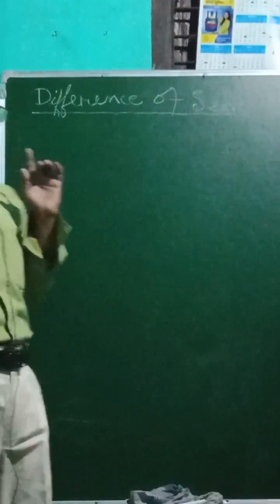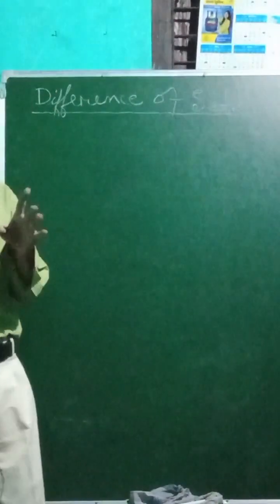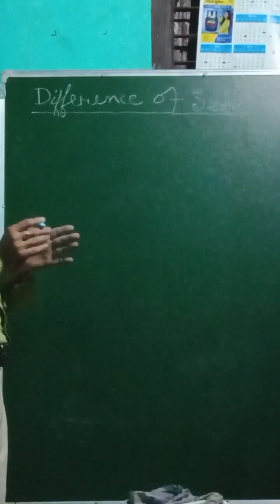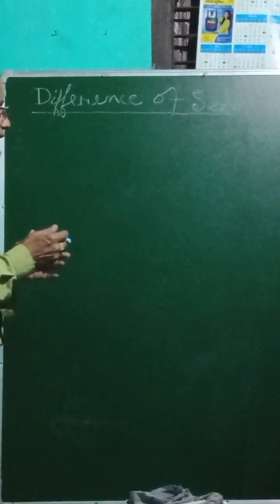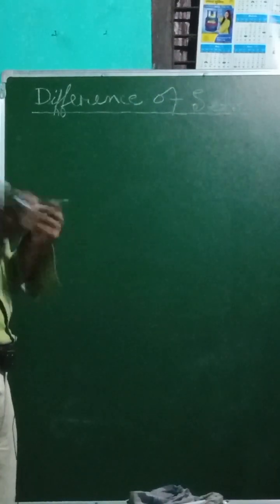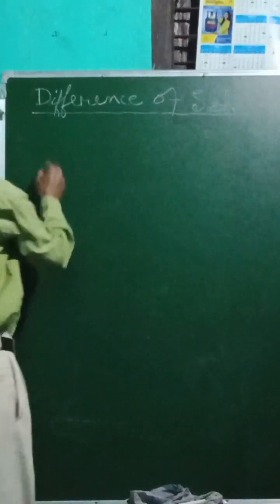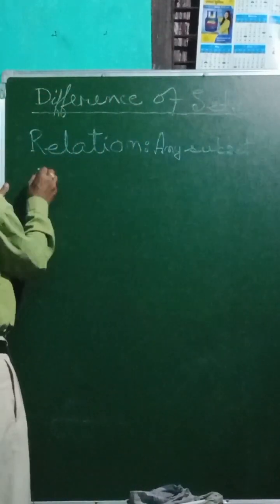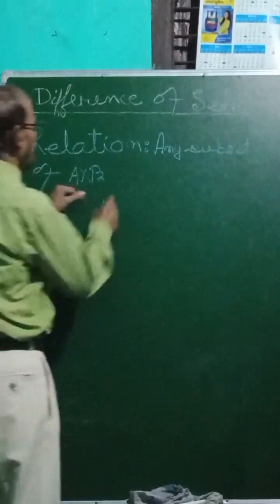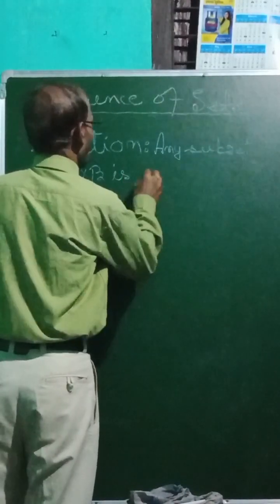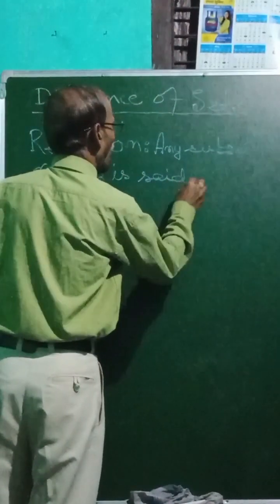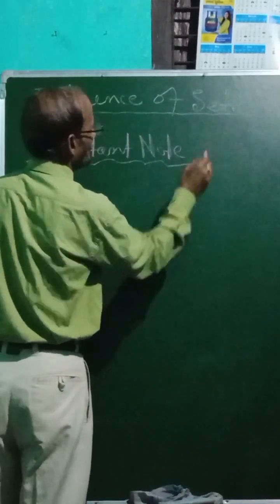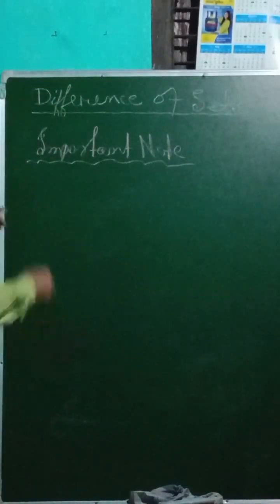Having understood the concept of cross product of two sets A and B, we are going to define the relation, supposing two sets A and B. Definition of relation: any subset of A cross B is said to be a relation. Important note on relation.